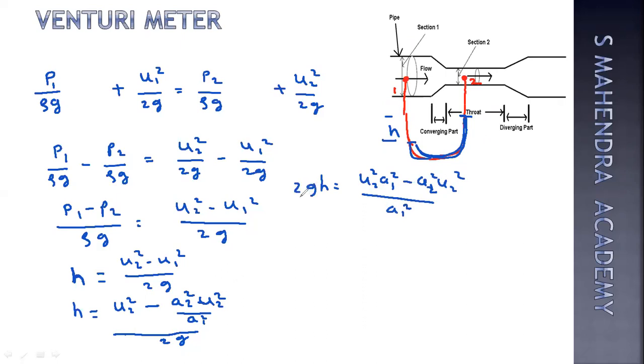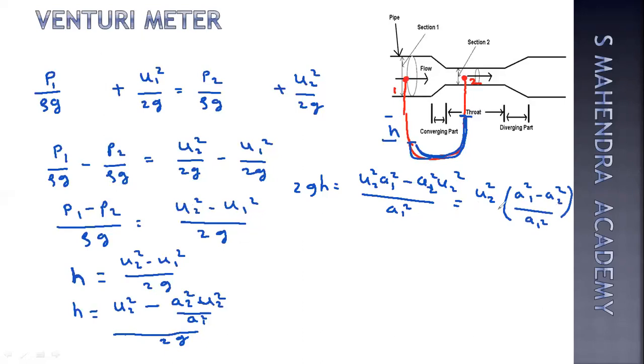So the equation will become 2gh is equal to (U2 square A1 square minus A2 square U2 square) upon A1 square. Here we can take out the common factor U2 square, then the remaining part will be (A1 square minus A2 square) divided by A1 square.